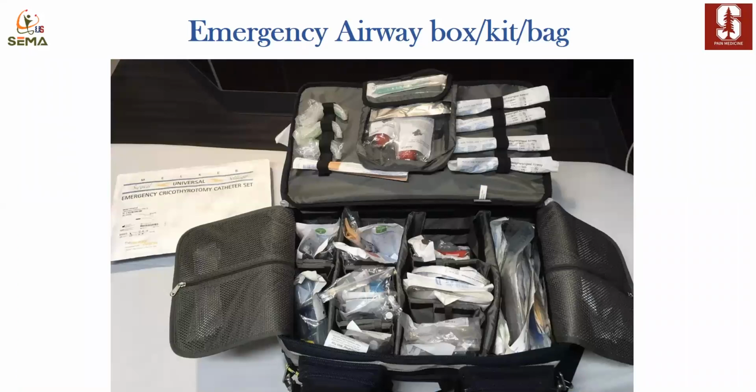So, an emergency airway box or kit or bag or whatever you want to call it, but I highly recommend that you have such a bag, especially if you are going to intubate outside the OR.